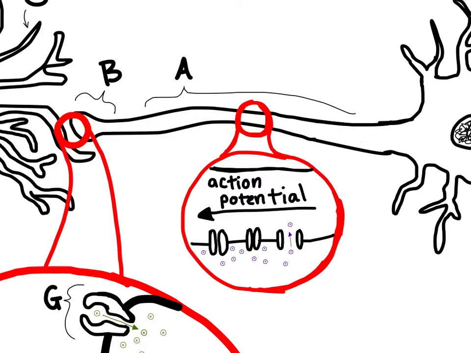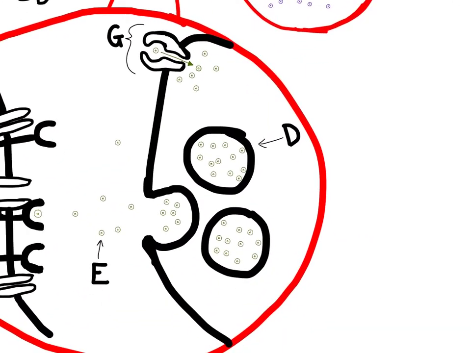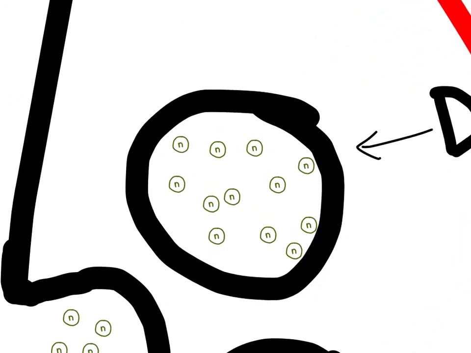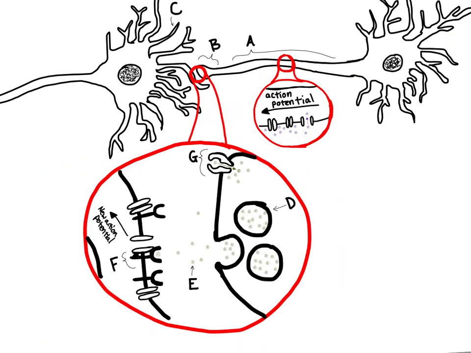In the axon terminal, you can find some other structures. They are called vesicles. Those are round organelles that are moved around inside the cell to transport things. And these vesicles contain small chemicals called neurotransmitters at high concentrations. Now, when the action potential finally makes its way to the axon terminal, here shown very largely, these vesicles don't stay put.